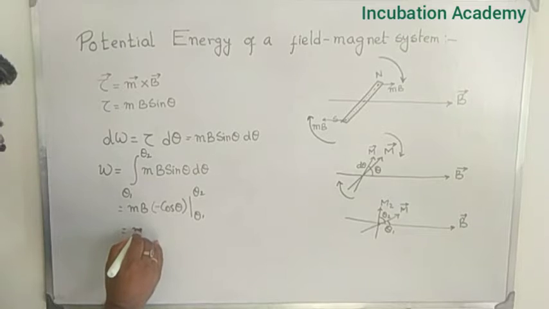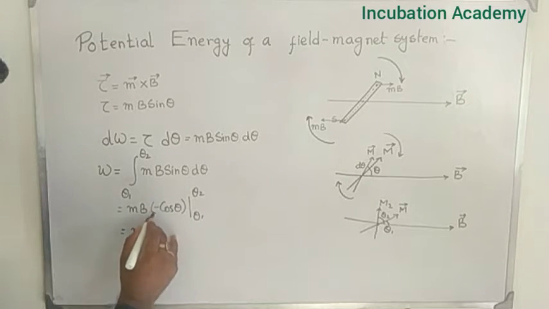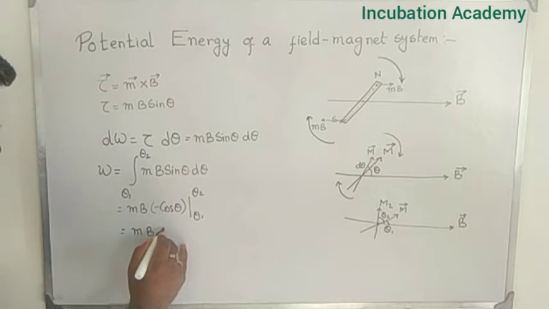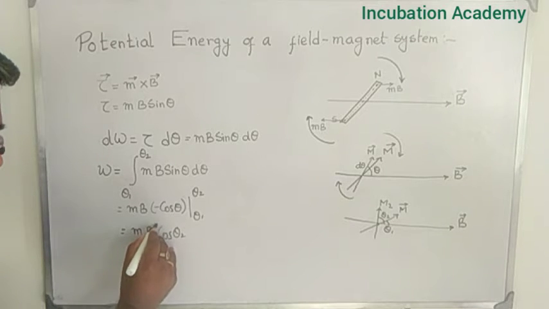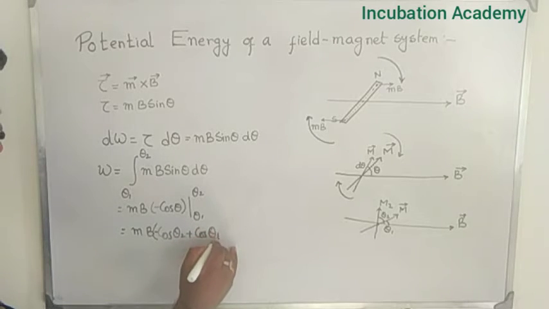So it becomes mB, minus cos theta 2 plus cos theta 1.